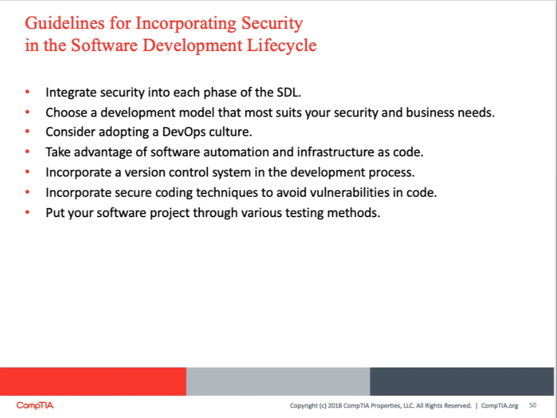We're going to want to take advantage of software automation and infrastructure as code. We're also going to want to incorporate secure coding techniques such as input validation and stored procedures to avoid vulnerabilities. And finally, we're going to want to put our project through various testing methods to evaluate its security, its stability, or its functionality.